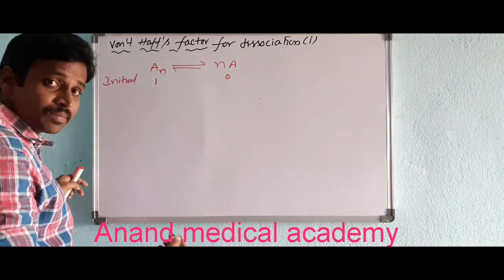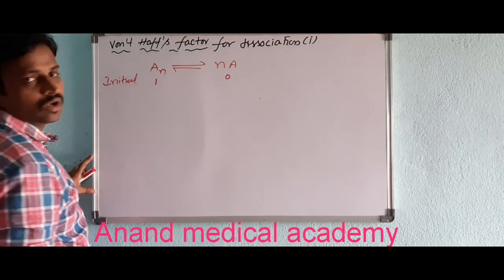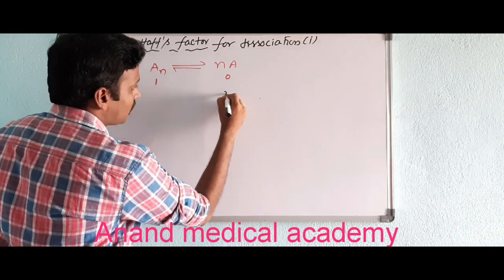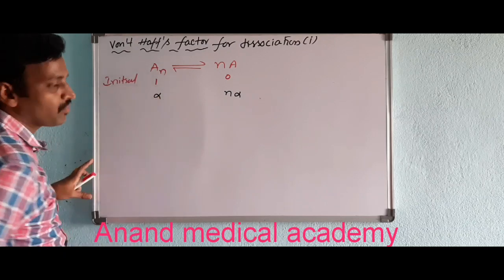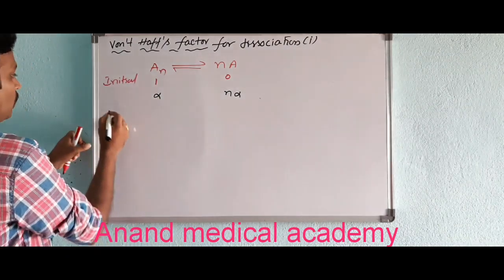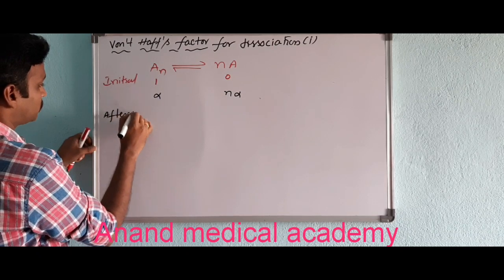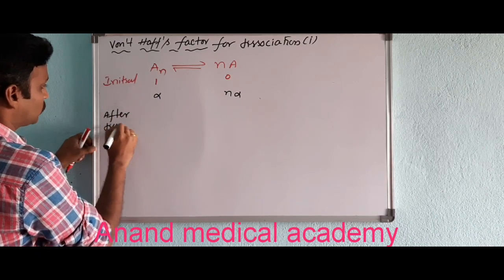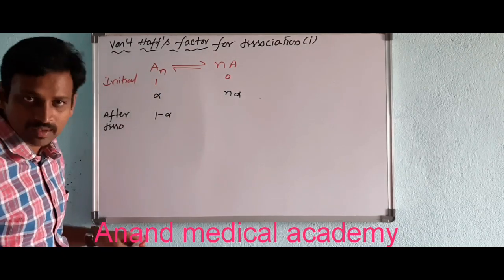After some time you added this AN salt to the particular solvent. Suppose alpha moles were dissociated. What is the number of moles after dissociation? This will decrease, so it will be 1 minus alpha.